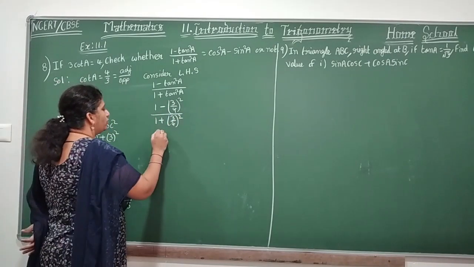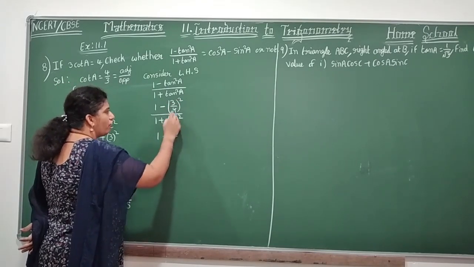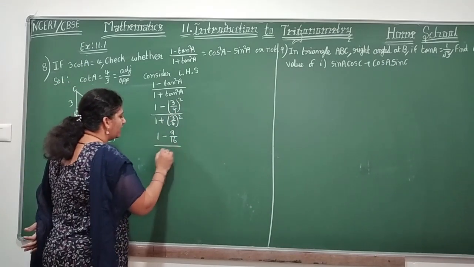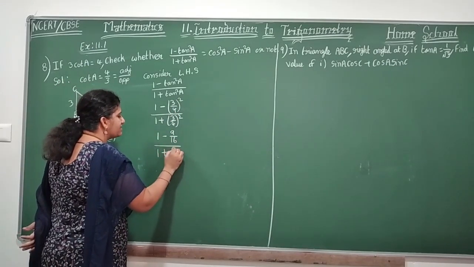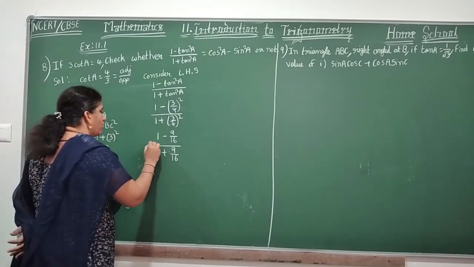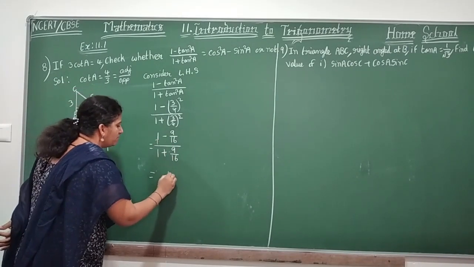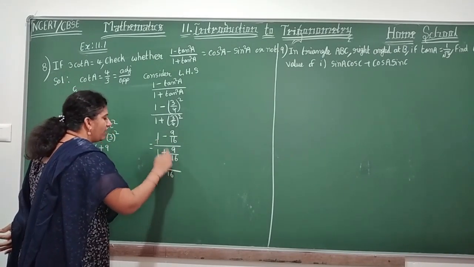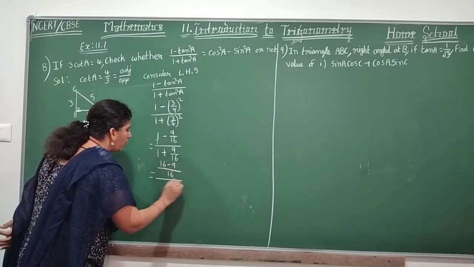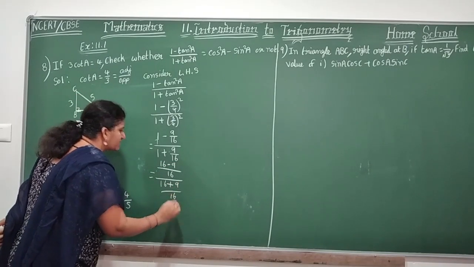Now do the whole square. 3 3s are 9, 4 4s are 16. Whole divided by 1 plus 9 by 16. Now do the LCM. 16 and 1 LCM is 16. 16 minus 9 whole divided by 16 plus 9 by 16.